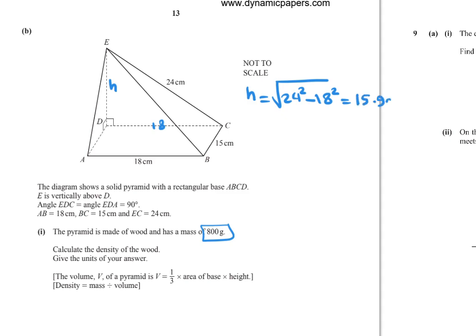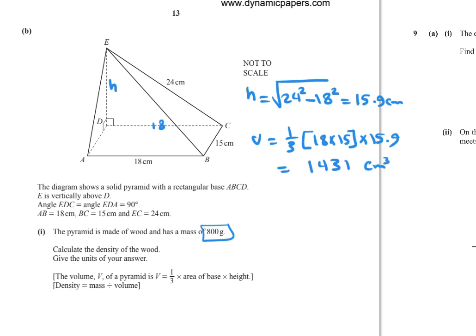So the height equals square root of 24 squared minus 18 squared equals 15.9 centimeter. Now to find the volume, 1/3 times base area, which is 18 times 15, times the height, which is 15.9, equals 1431 centimeter cube.